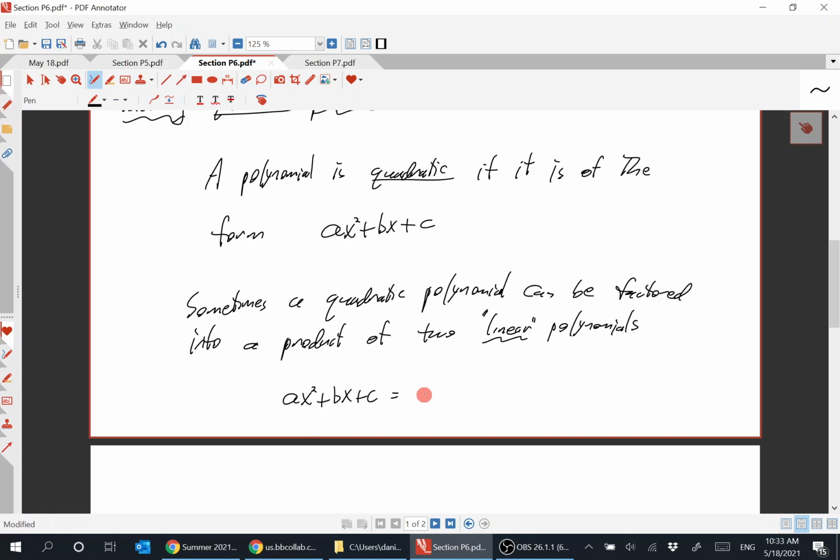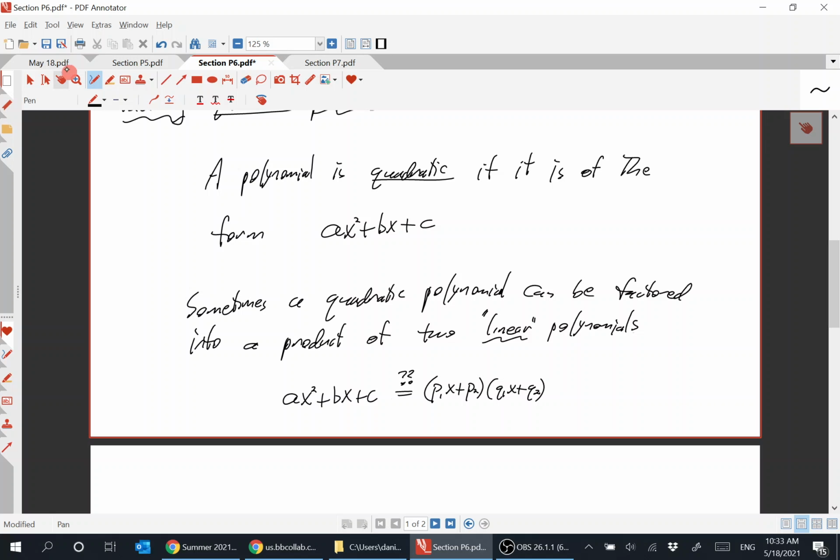So it can sometimes be written as, say, p1x plus p2 times q1x plus q2. So the question is, what are p1 and p2 and q1 and q2 if they exist? And you can't always do it.